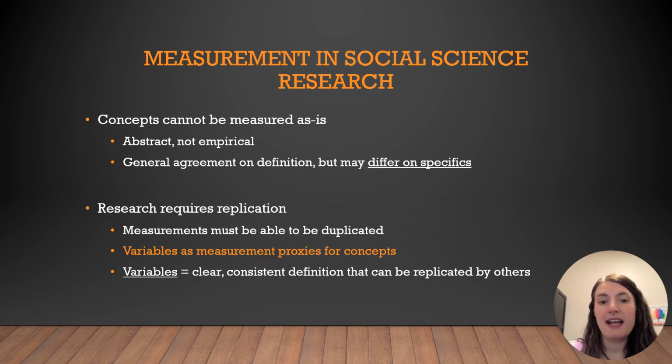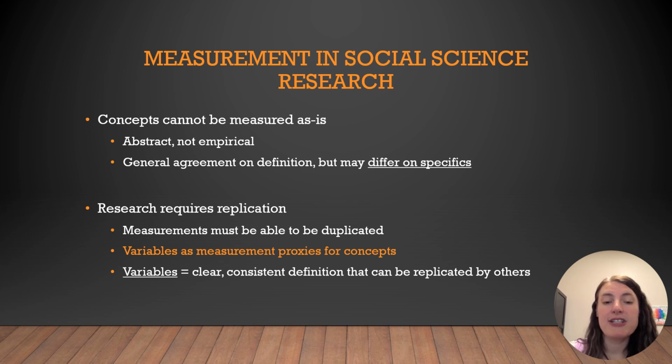So what does all of this tell us? It tells us that the concepts themselves are not measurable as is because they're subjective and abstract. Even if we have similar ideas of what they mean, concepts leave room for variations between people and researchers, and that means they can introduce error into our research unless they're defined properly. In order to conduct research, then, we must first define our concepts.